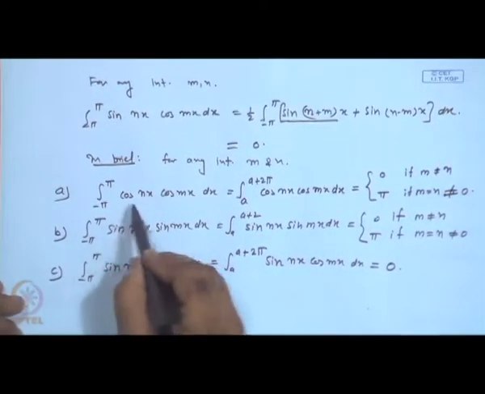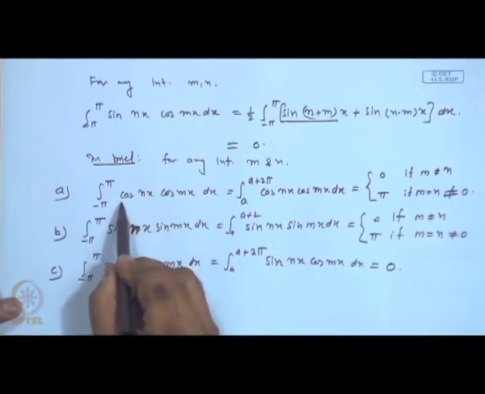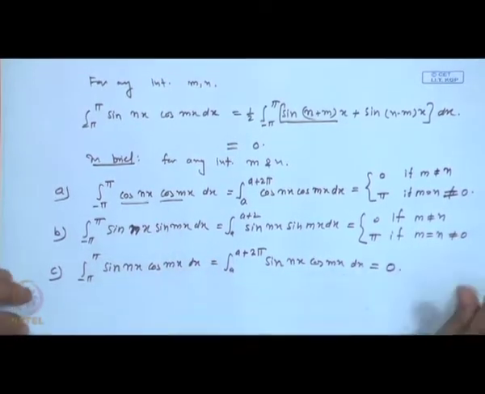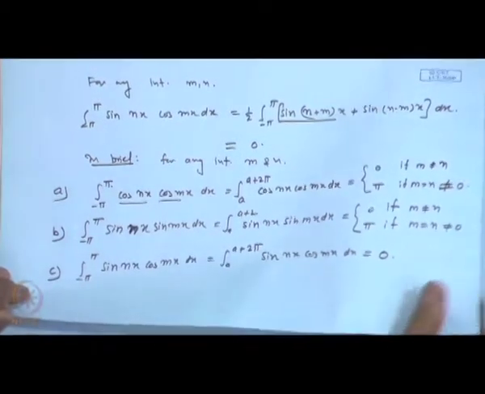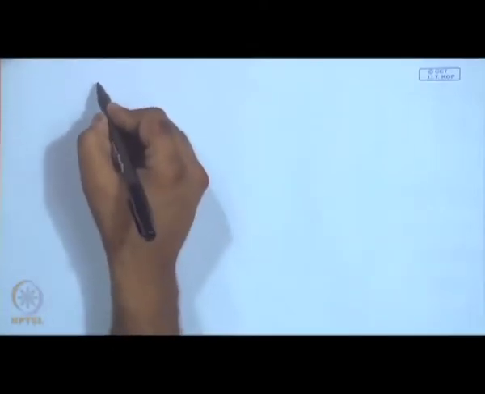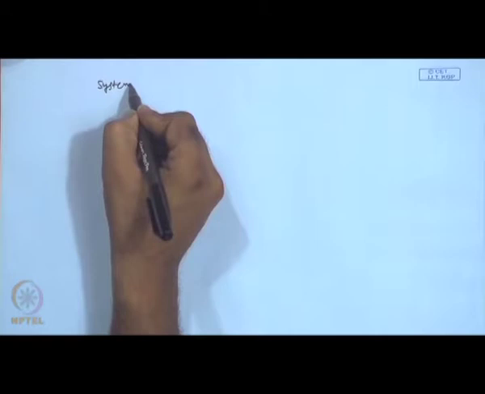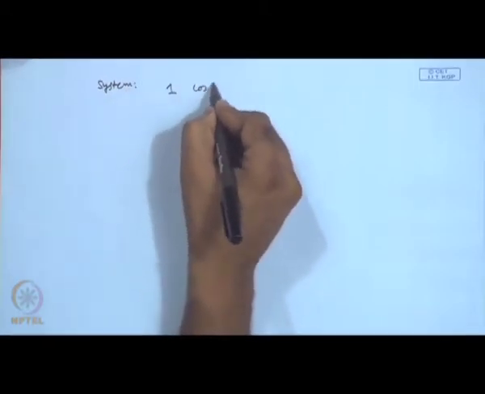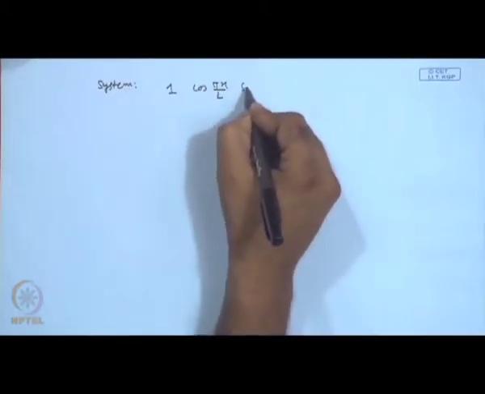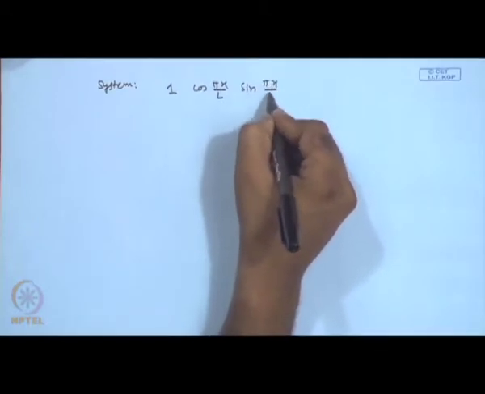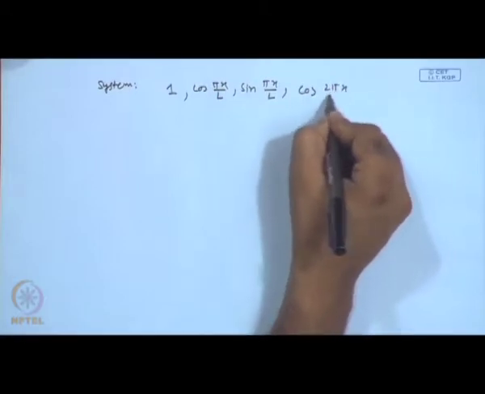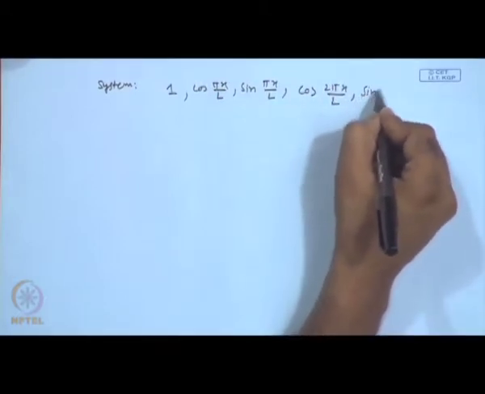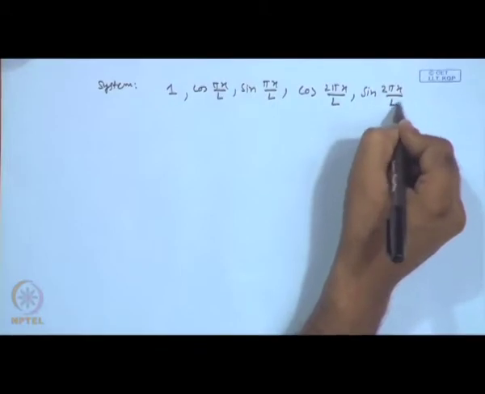So, this was for the system where the common period was 2 pi and we are integrating from minus pi to pi. A similar, more general result we have for the system if we take 1, cos pi x over L, sin pi x over L, cos 2 pi x over L, sin 2 pi x over L, and so on.